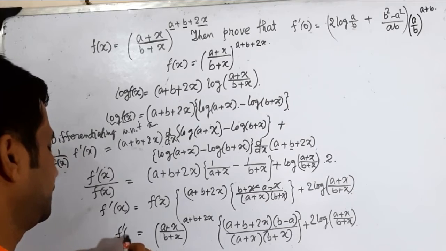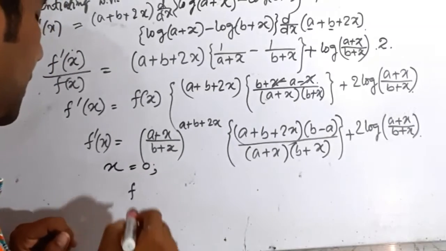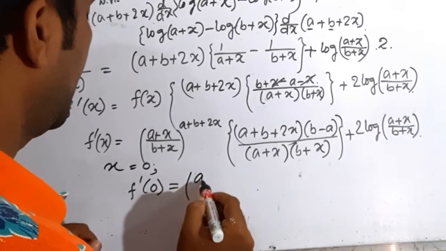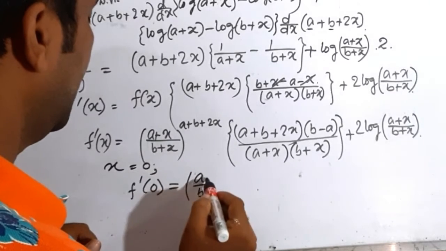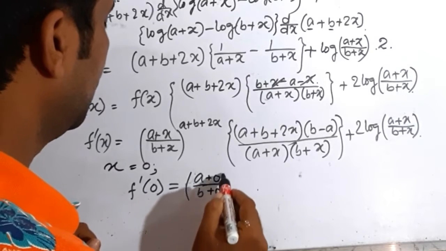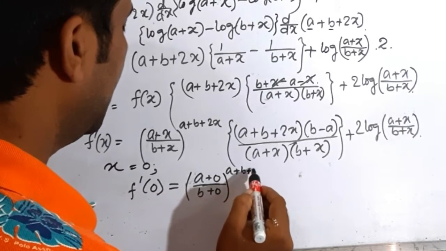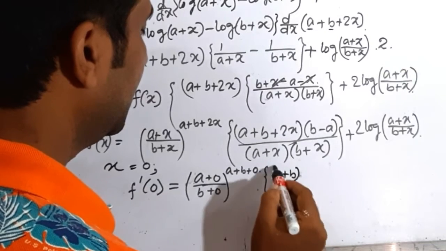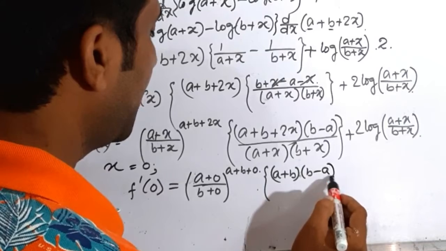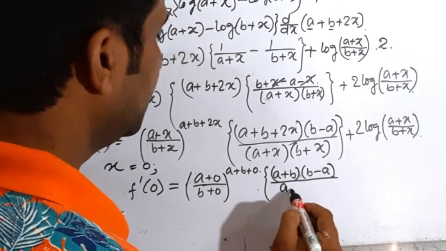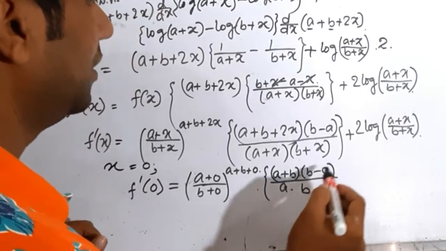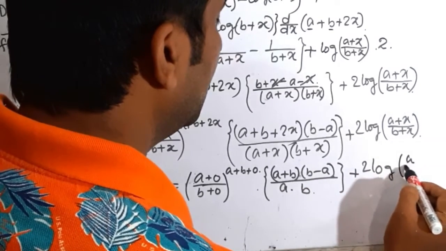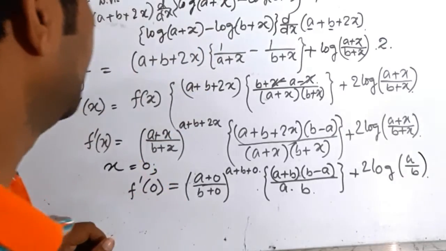Now putting x equal to 0, f'(0) = (a/b)^(a + b) times [(a + b)(b - a)/(ab) + 2 log(a/b)].